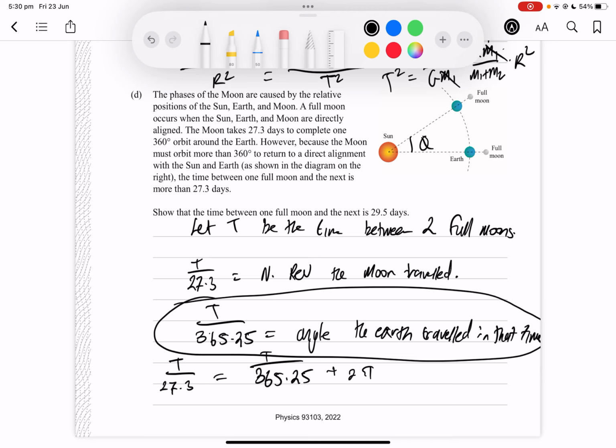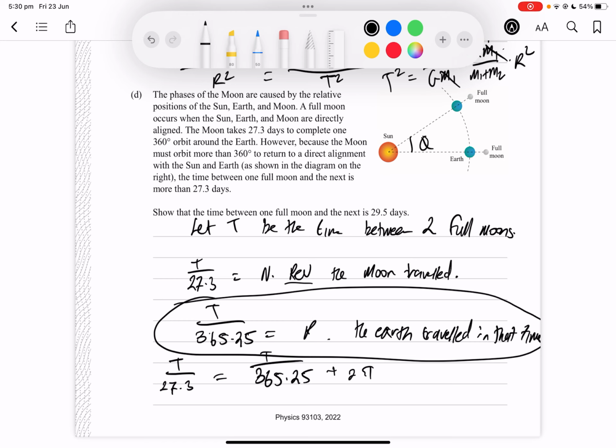Okay, so it's a very easy mistake, and I apologize. When we have t over 27.3 and t over 365.25, this is actually the number of revolutions made. I should be a bit more careful with my wording here.